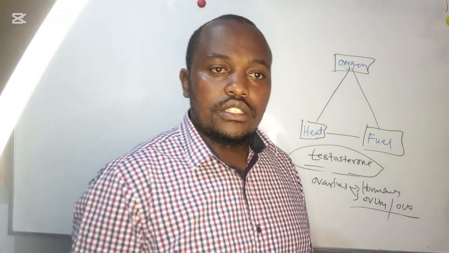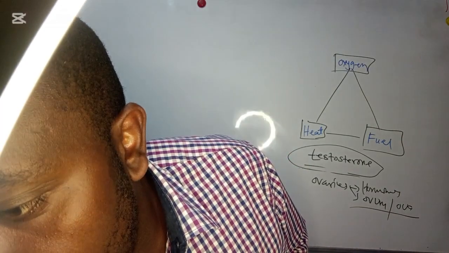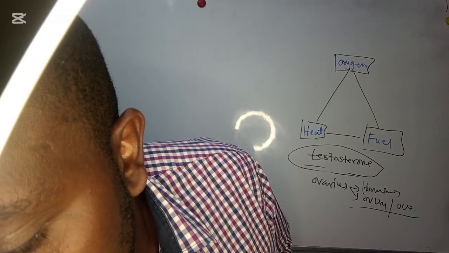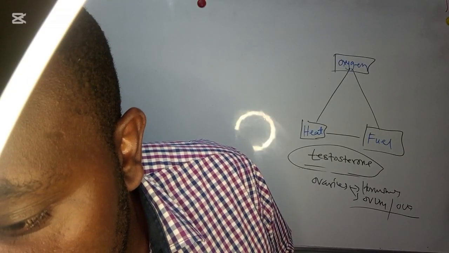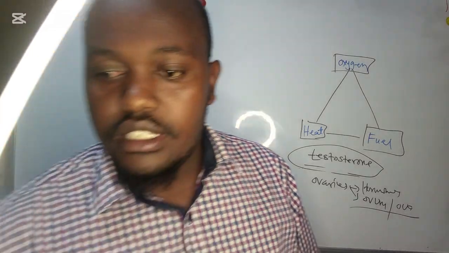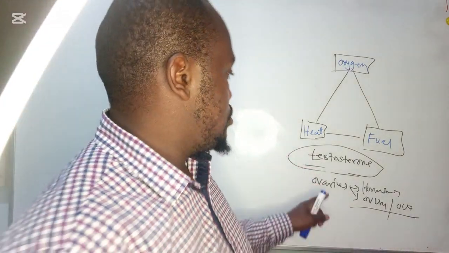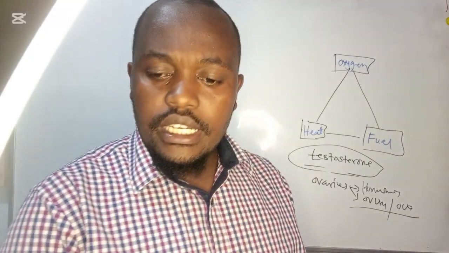Now, it is important to understand the various roles of the various parts of the reproductive system. Let me just confirm something. Yes, I was confirming the spelling of ovum, and it is correct. It is ovum, but when there are many, it is ova. What else?